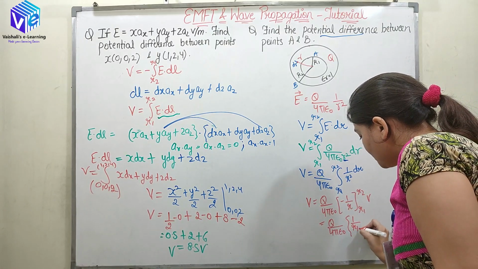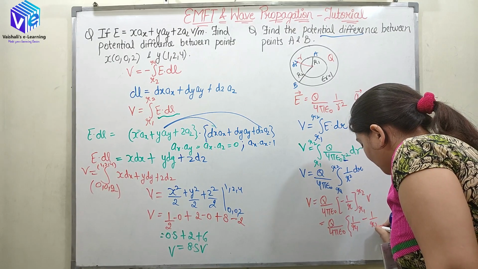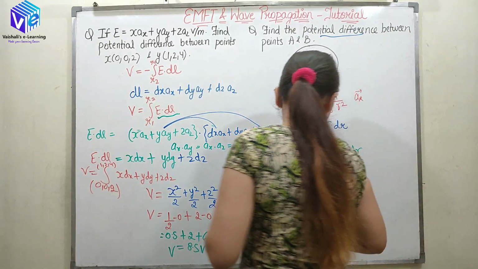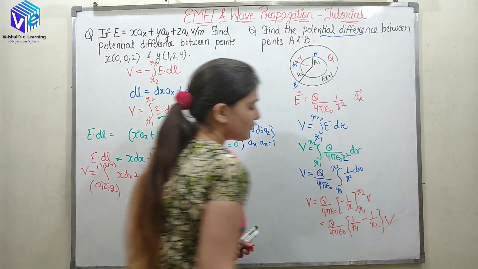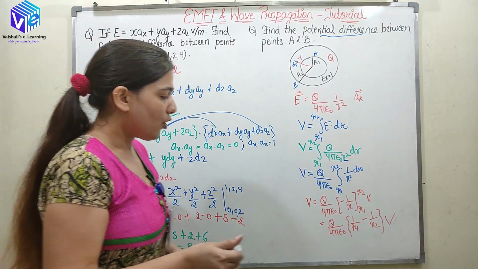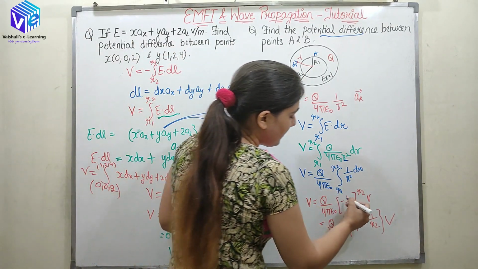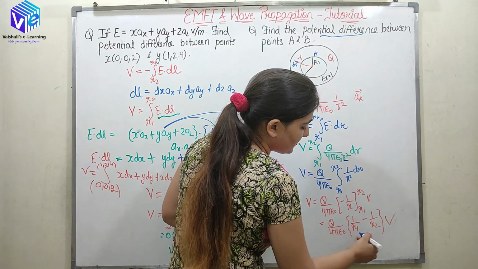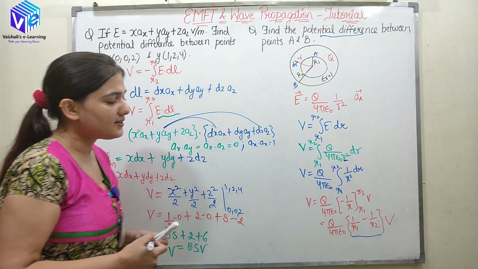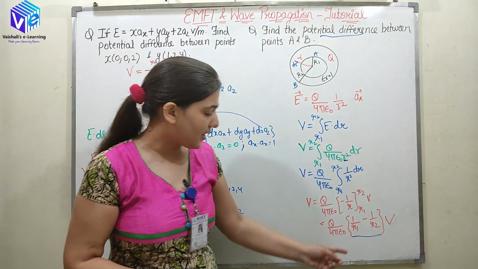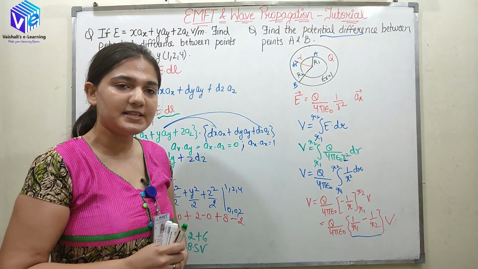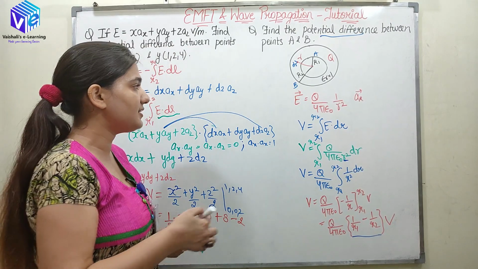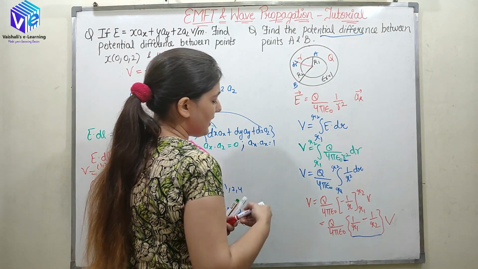So we had minus 1 upon R2 plus 1 upon R1, times Q into 1 upon 4 pi epsilon naught. This is the potential difference between these 2 points A and B.